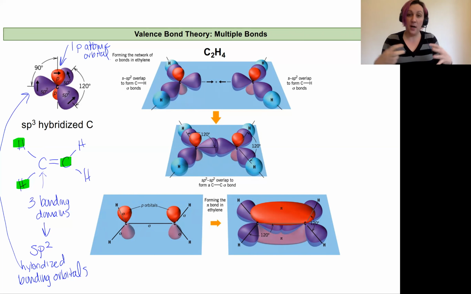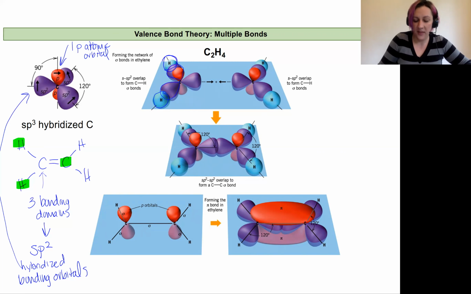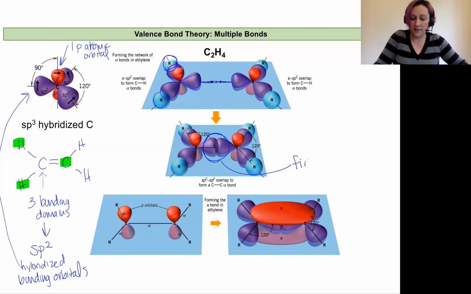And so when these bond together, one of our hybridized orbitals overlaps with a hydrogen s orbital. Our other hybridized orbital on carbon overlaps with another hydrogen s orbital. And that third hybridized orbital is going to overlap with a hybridized orbital on the other carbon. And so that's going to overlap right here, and that's creating the first bond between the carbon and the carbon.